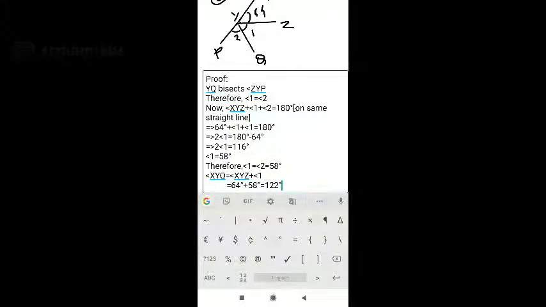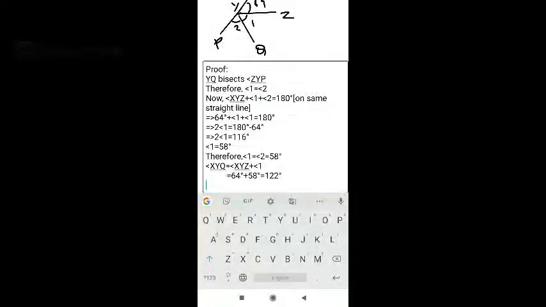So XYQ we have got, and now we need reflex angle QYP, since angle 2 is QYP only.